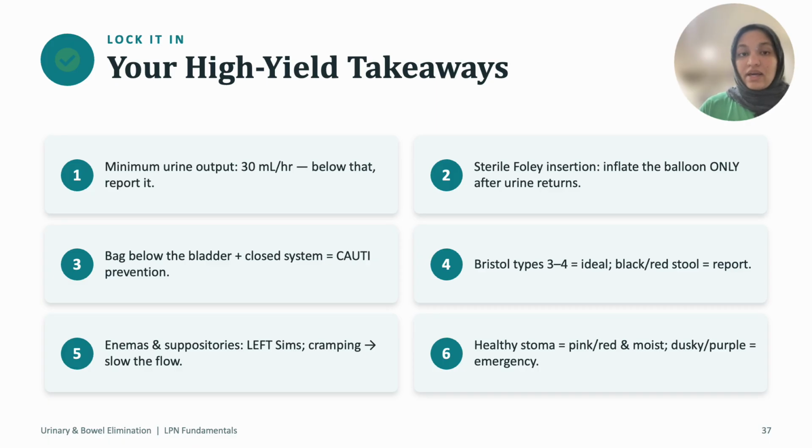Number 5, enemas and suppositories go in with the patient on their left side, and cramping means slow the flow. 6, a healthy stoma is pink, red, and moist. Dusky or purple is an emergency.